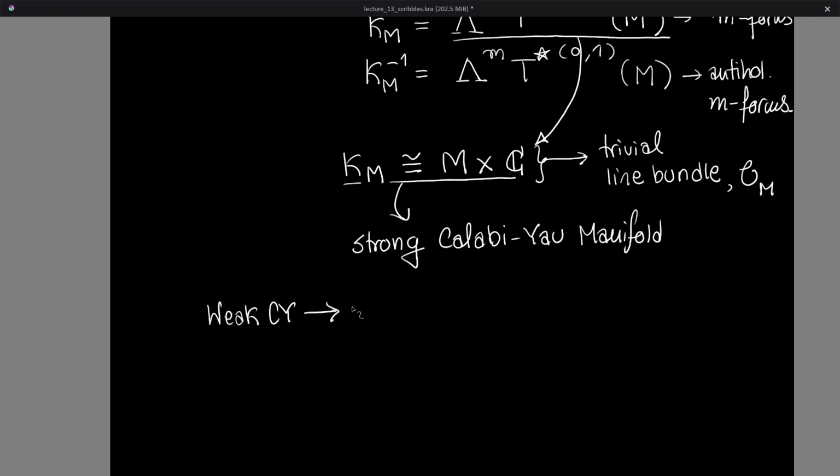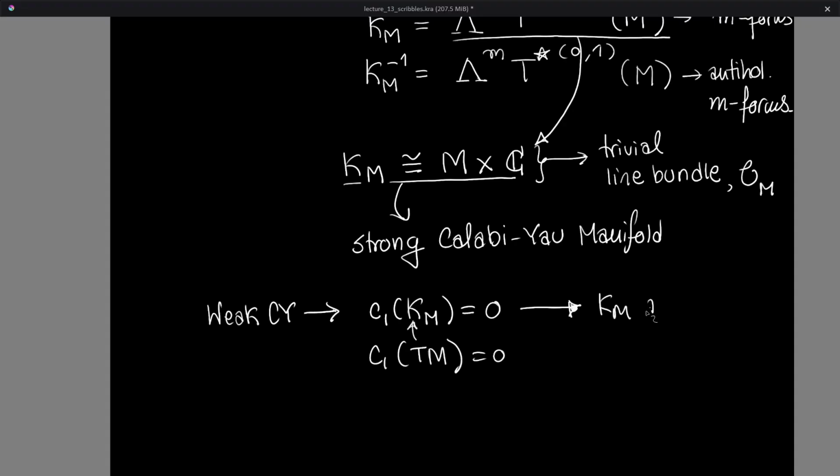For a weak CY, we have that c1 of K_m is equal to 0 because c1 of T_m is equal to 0, and K_m is a power of T_m. So this means that K_m admits a flat connection, meaning one with zero curvature.